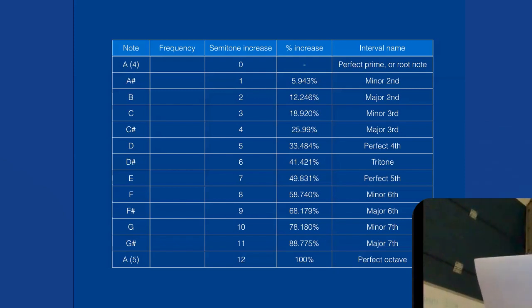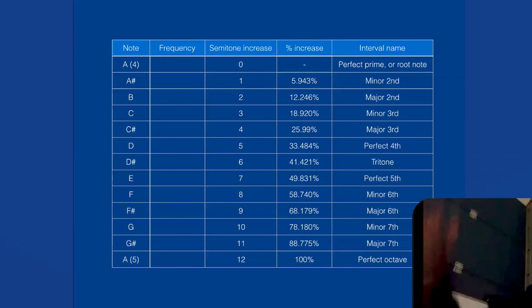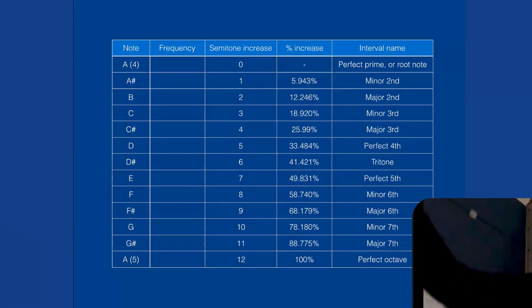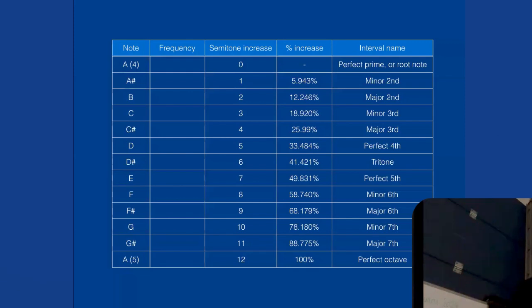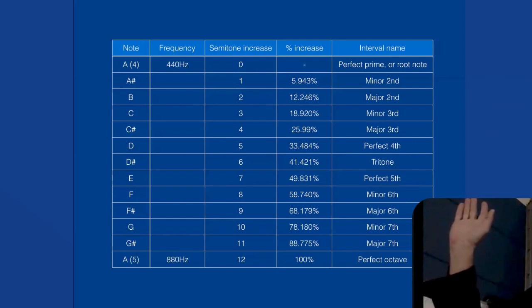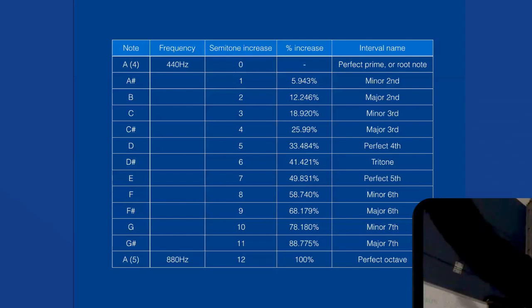Right. So this will keep curving upwards, by the way. If we were to try and work out for A sharp, for instance, what the next note was, I'll take a step back. I've just put in the frequency values for the two notes that we know already, A4 and A5.